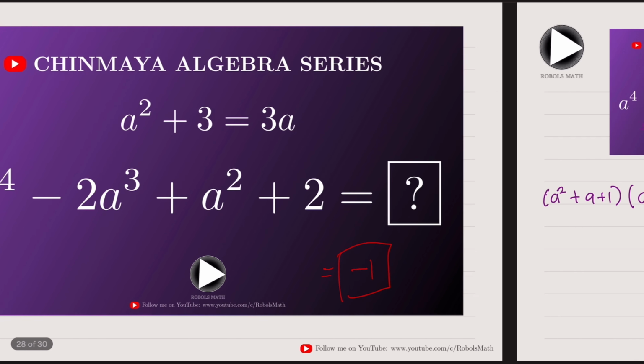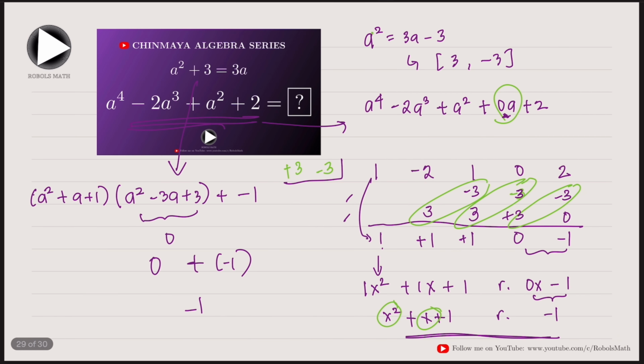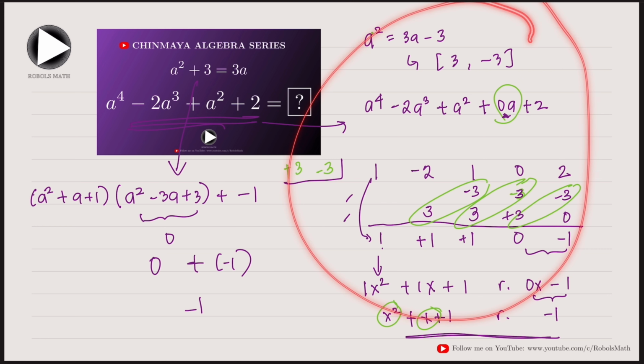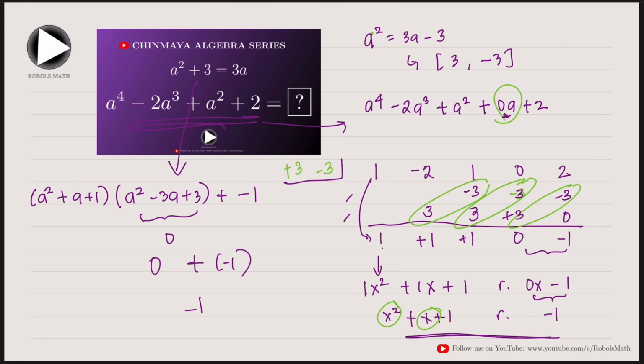Actually, what I did for this video is quite longer than it should be. The shorter solution for this one perhaps would be by reducing the powers. But I wanted to just discuss this method because I think this is of importance as well, or could be of some use for other types of problems.